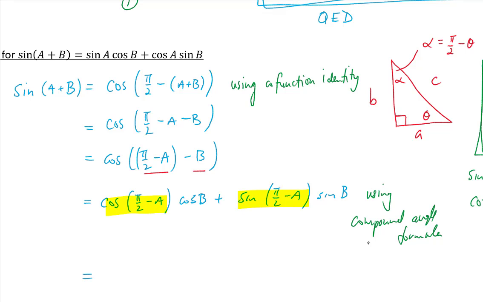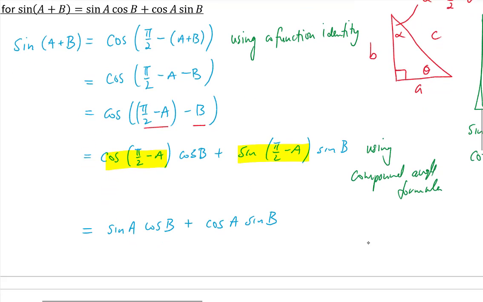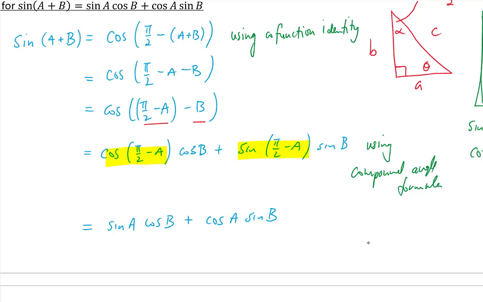So we can rewrite those as sine of a, because sine of a is equal to cosine of pi over 2 minus a, and sine of pi over 2 minus a happens to equal cosine of a. And this proves that sine of a plus b is equal to sine of a times cos of b plus cos of a times sine of b.